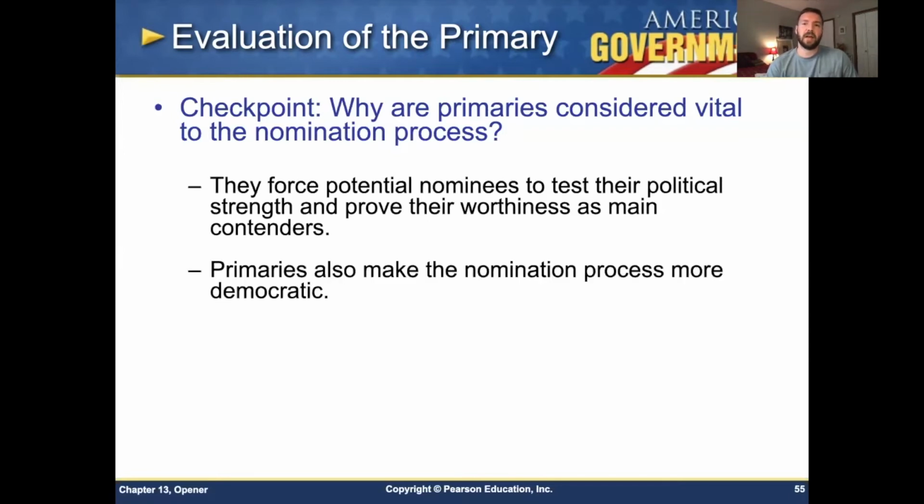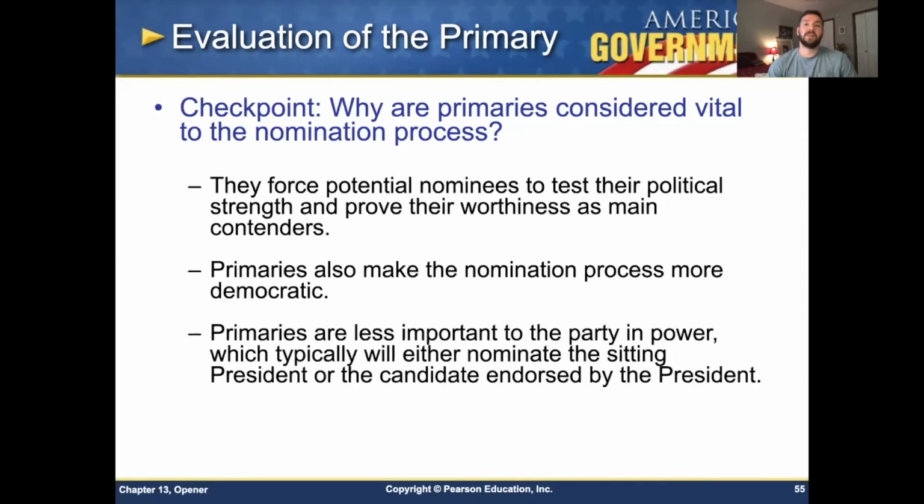Primaries also make the nomination process more democratic because the voters actually have a say in who gets to be their nominee, who gets to be their candidate. Primaries are less important to the party in power, which will typically either nominate the sitting president, which is the case this year. Donald Trump has another term of eligibility remaining. The Republicans have basically all rallied around Trump.